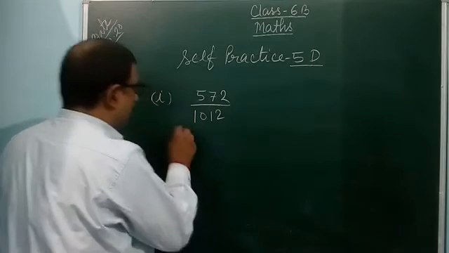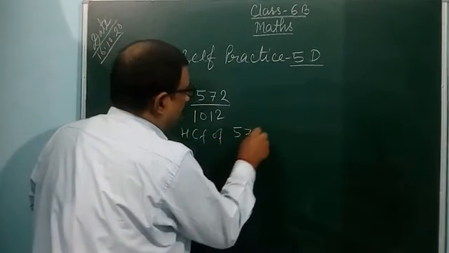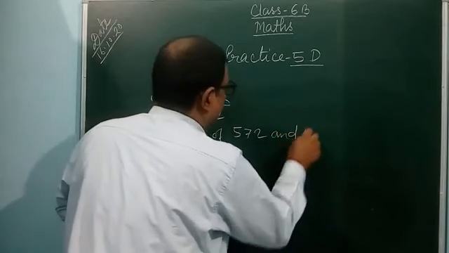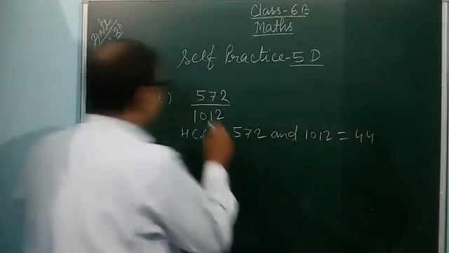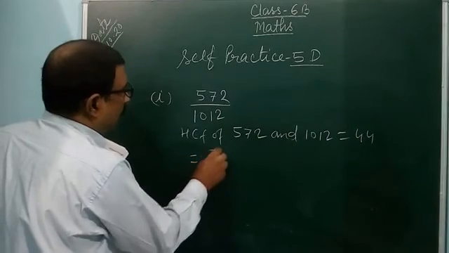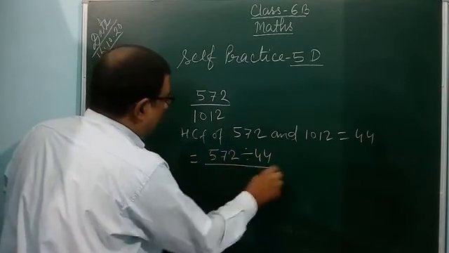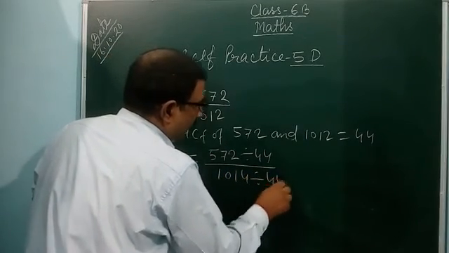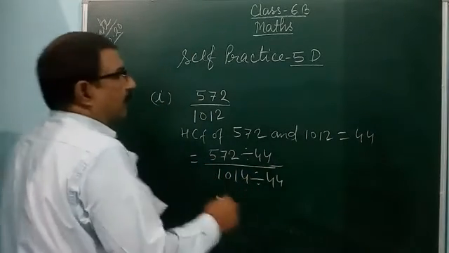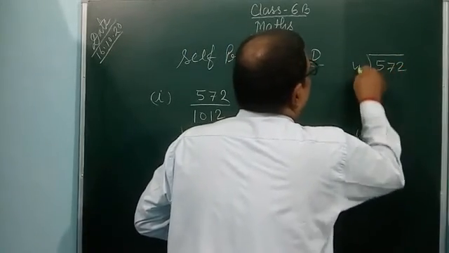Now you have HCF of 572 and 1012 is equal to 44. After then, you can divide 572 by 44 also and 1012 by 44 also. You can divide 572 by 44.